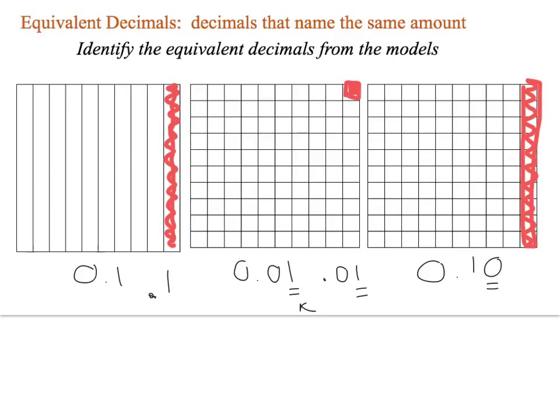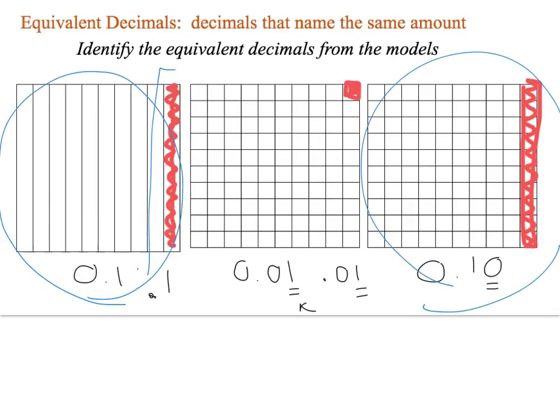Now, in looking at all three of these figures, figure 1, 1/10, figure 2, 1/100th, and figure 3, 10 hundredths, two of these figures look fairly similar. The first and the last have the same amount shaded in, even though we have our first figure in tenths and our third figure in hundredths.